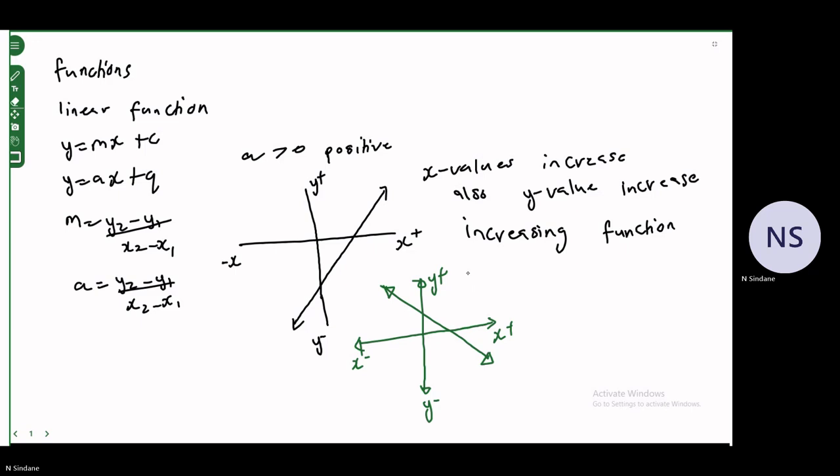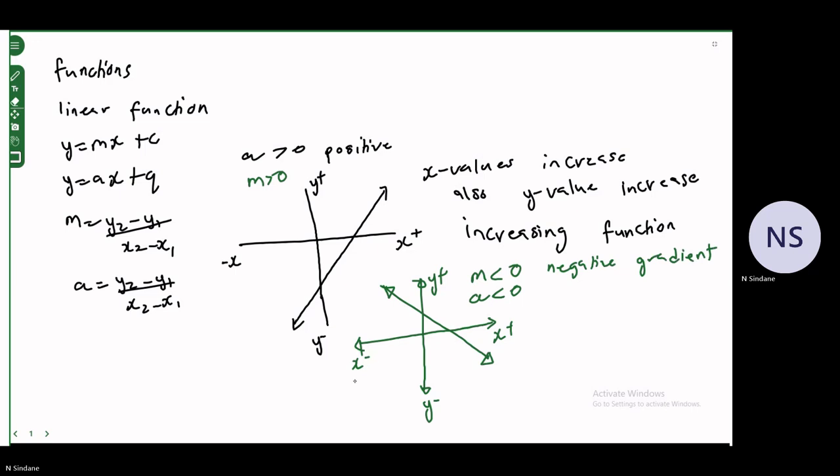In this case, the gradient of this graph is less than 0, or a is less than 0. Both a and m represent the gradient, don't forget that. So the gradient is negative here, a negative gradient.